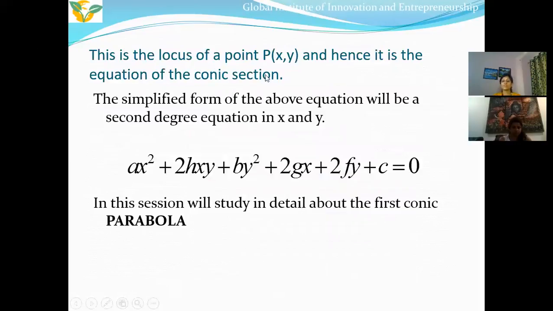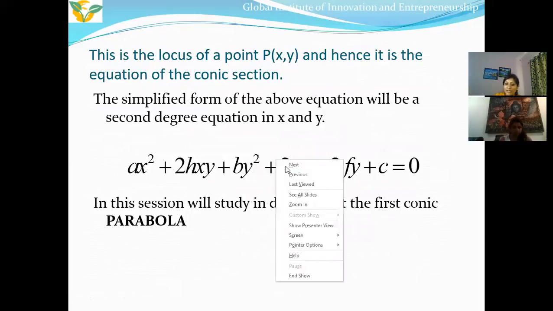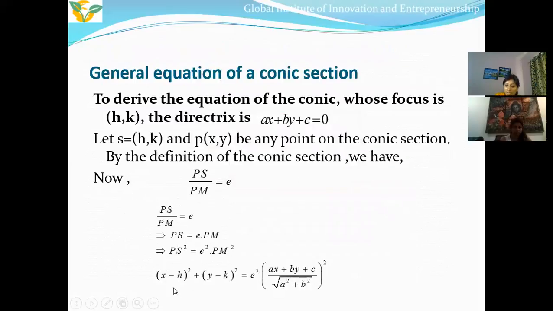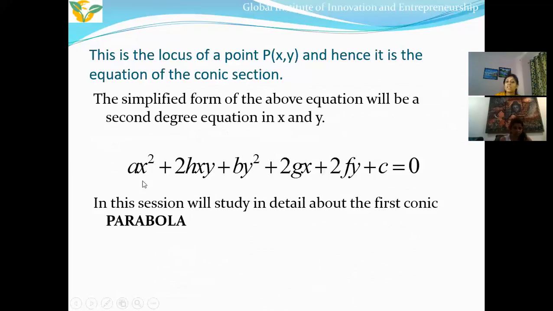This is the locus of the point P(x, y) and hence it is the equation of the conic section. After squaring on both sides, cross multiplication and simplifying, we get a quadratic equation in x and y. So the general equation is ax squared + 2hxy + by squared + 2gx + 2fy + c = 0.